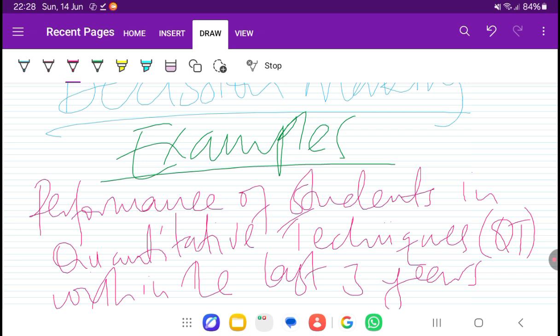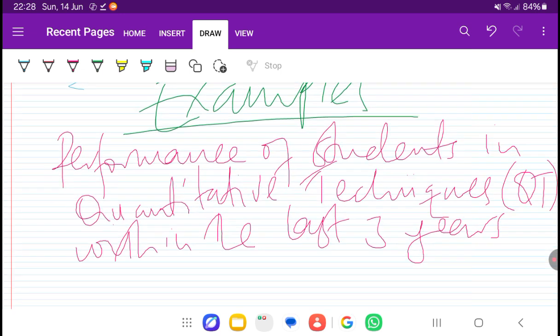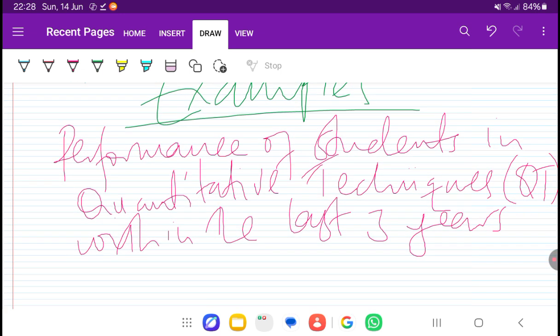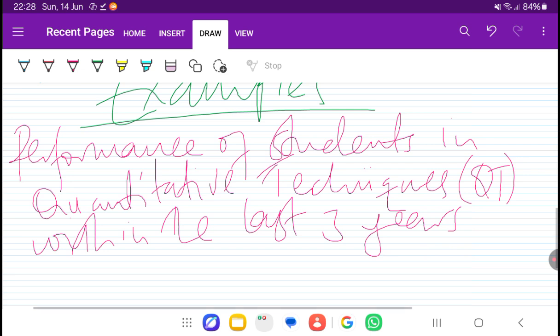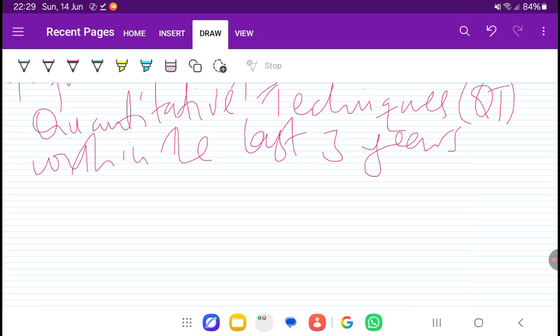Now, the first thing that you are going to ask yourself is, where am I going to get this information? Of course, you'll go to the institute, because that's where you are going to get the performance of the students. You go to the institute to look for what we call the performance records. You collect the performance records from the Institute of Certified Public Accountants of Uganda.